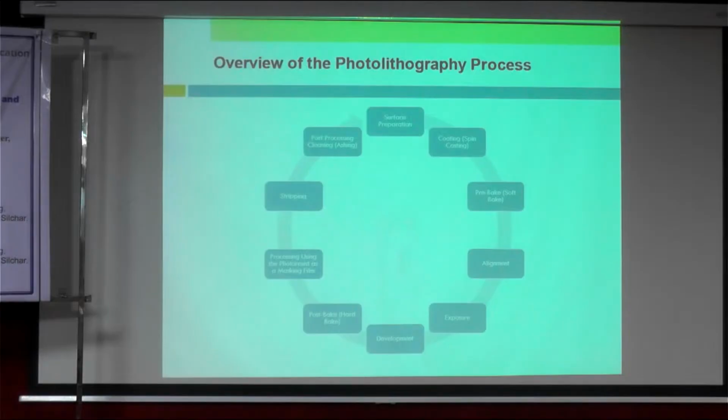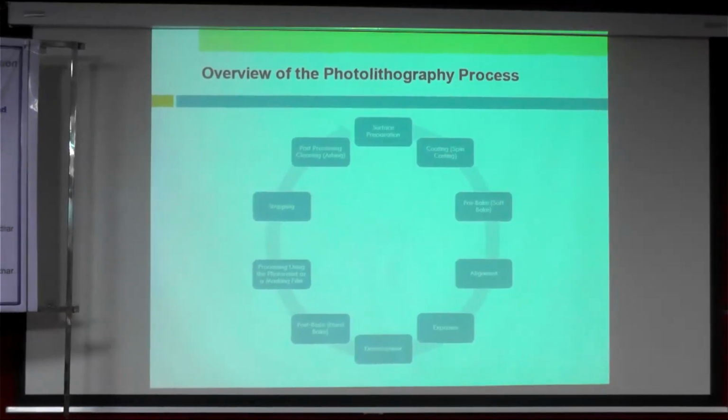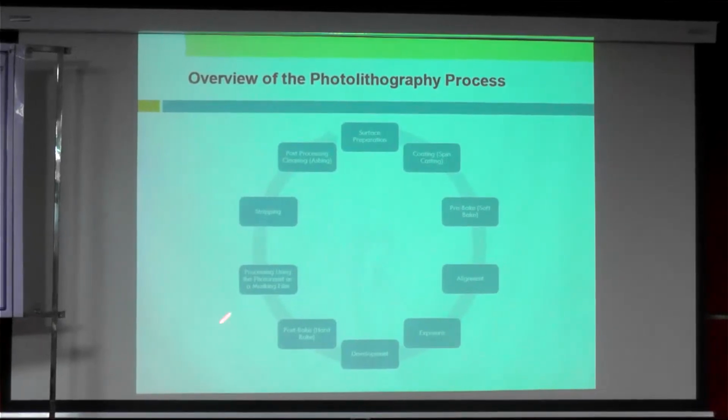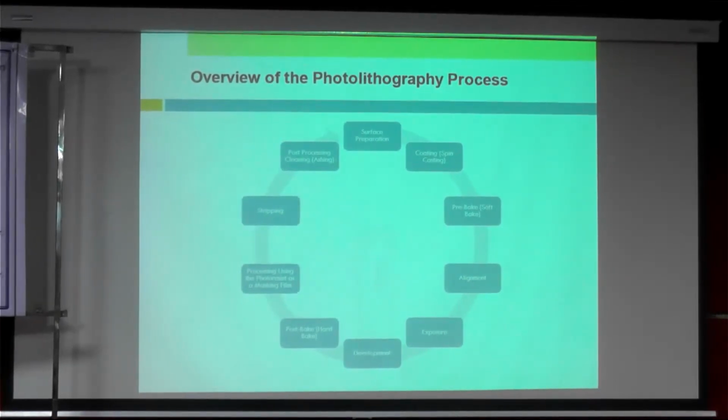So first you transfer the pattern using a mask on a glass substrate. Now your photoresist acts as a mask for the structure that you're going to develop on your substrate. So that is processing.